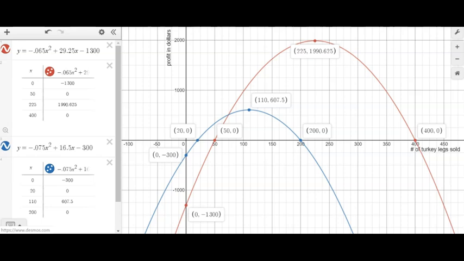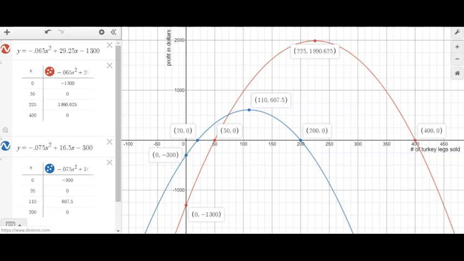The maximum profit for the rainy day would be $607.50, versus the maximum profit for the sunny day would be $1,990.63.